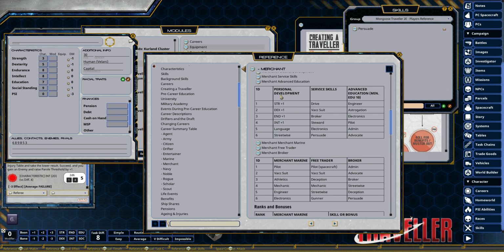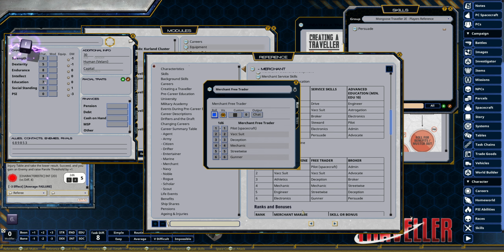Instead, I roll on the personal development table or the free trader table. And my education is not high enough for the advanced education. So do I want service skills, personal development, or free trader? I think free trader is probably going to have the best options for me.